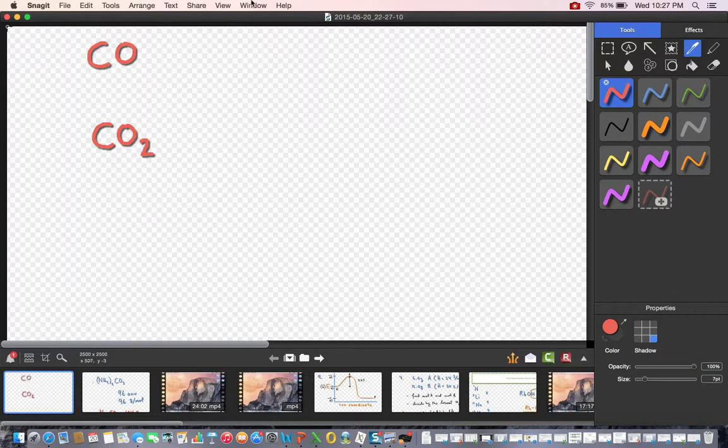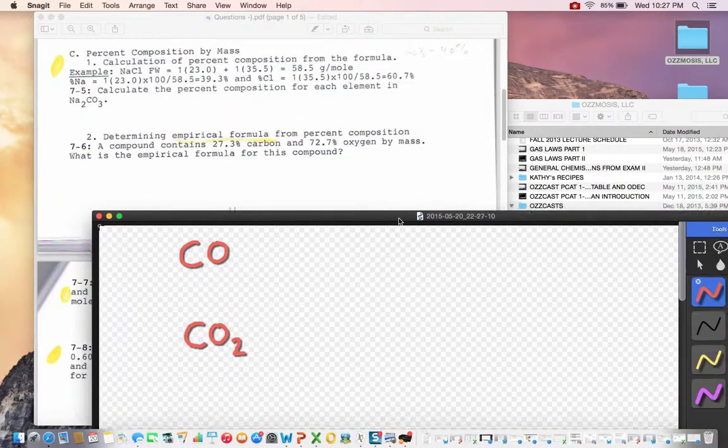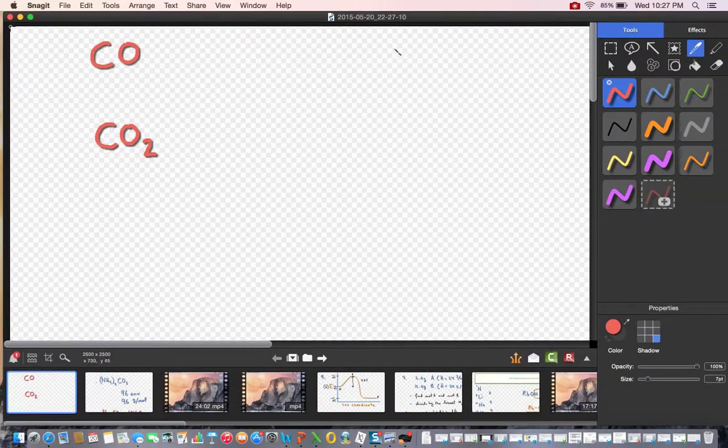Now we know that the percent of carbon in this problem is 27.3, and the percent of oxygen is 72.7. So I'm going to use as my basis CO and CO2.